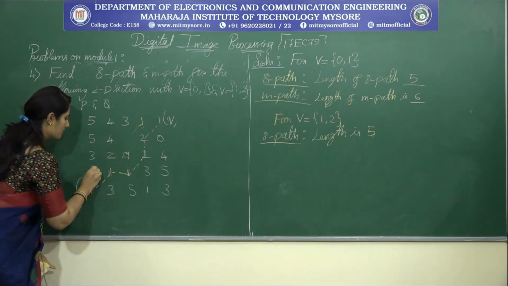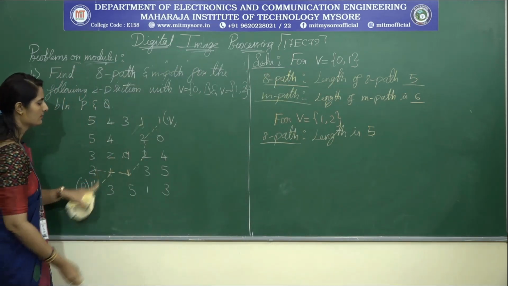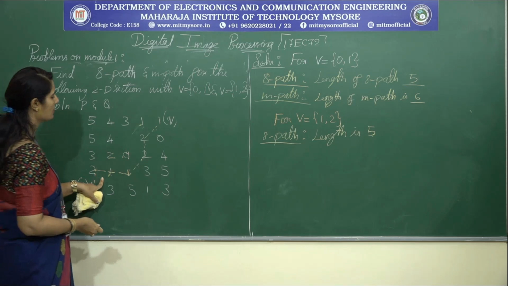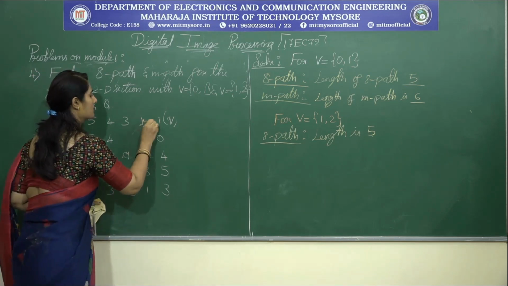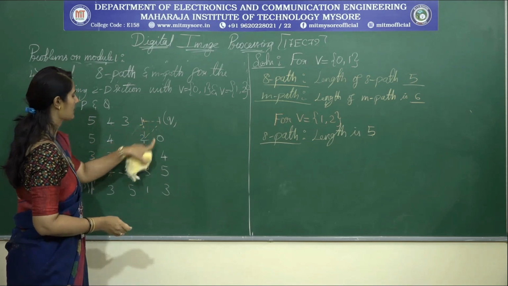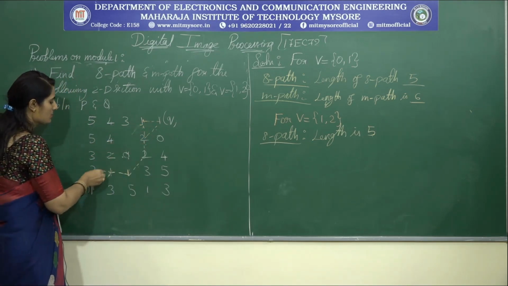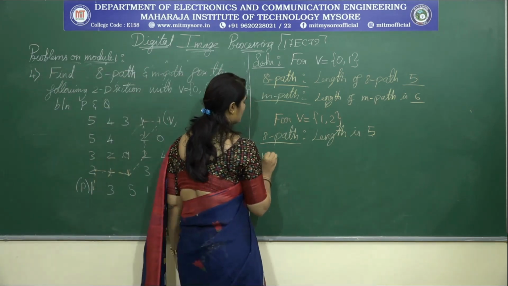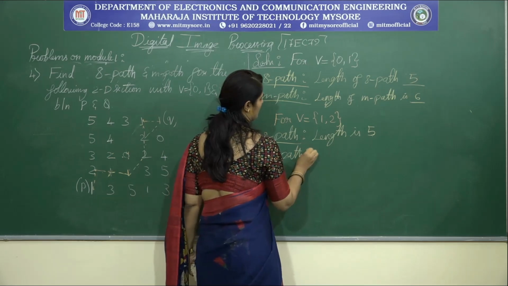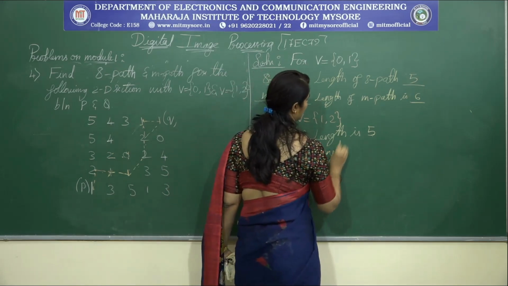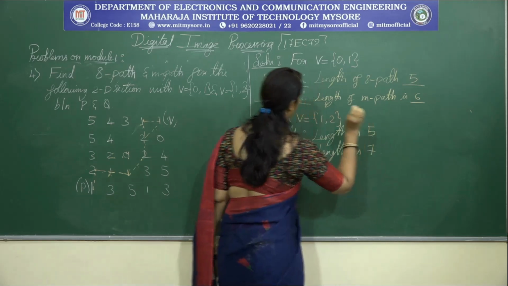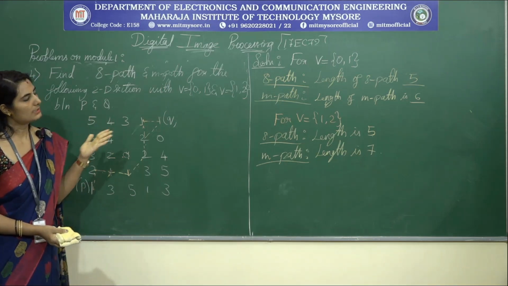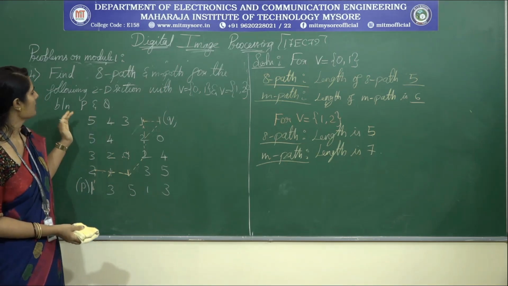Next, in order to find out M path, I have a path here this way, and I should choose this path instead of the diagonal path for M path, and here again I have this path, I should choose this path instead of this path. Therefore the length is 1, 2, 3, 4, 5, 6, 7. So for M path the length is 7.